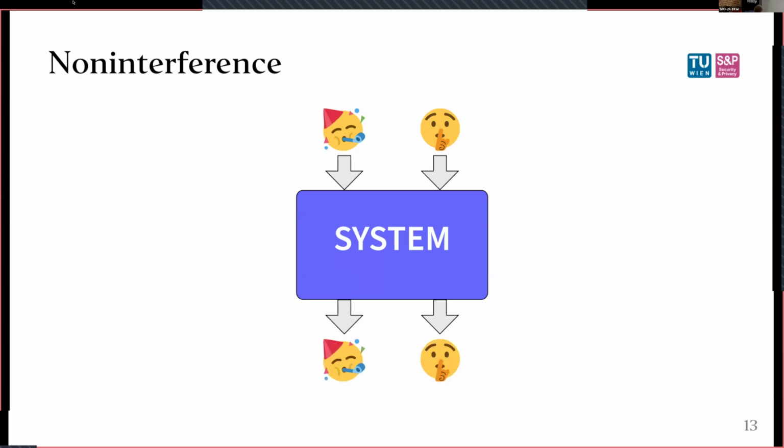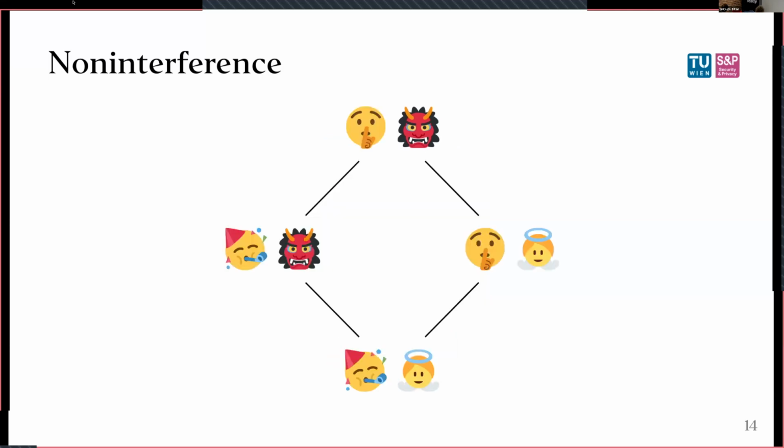Or maybe you are not interested in confidentiality, but in integrity. We might have trusted inputs and untrusted inputs, and you don't want the untrusted inputs interfering with the trusted outputs of a system. You can build a security lattice where the most well-behaved information is public and trusted, and the least well-behaved information would be the secret that's at the same time untrusted.